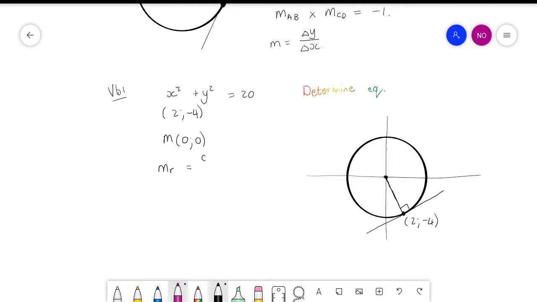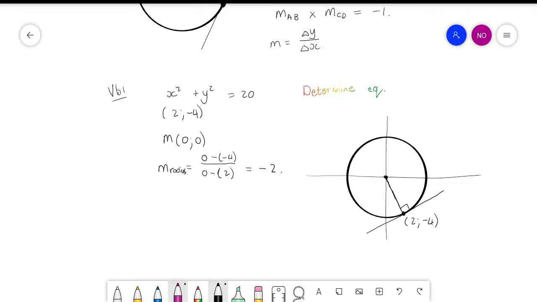We're going to say it's 0 minus minus 4 and 0 minus 2, which is negative 2. That's for the gradient of my radius.